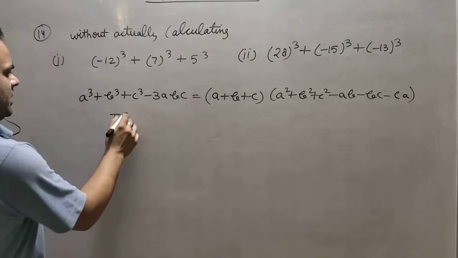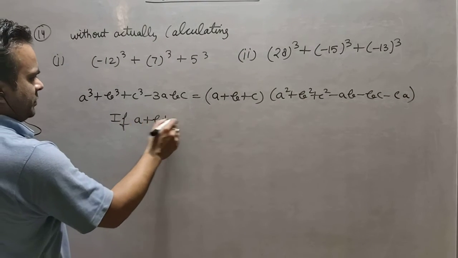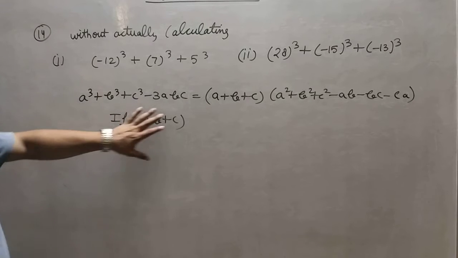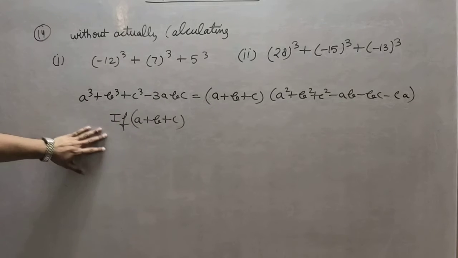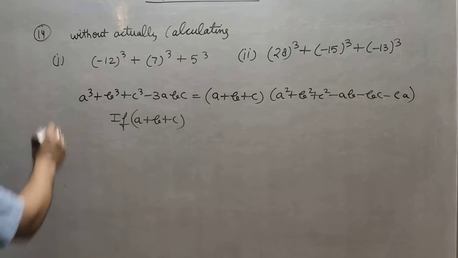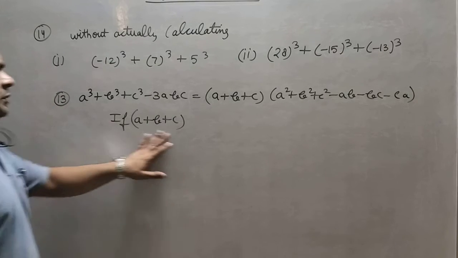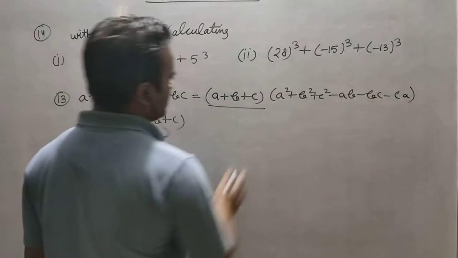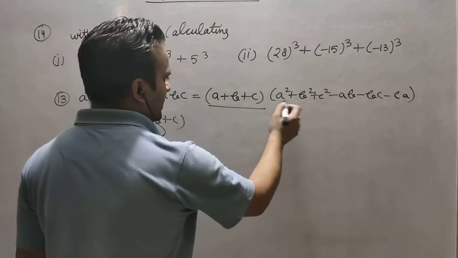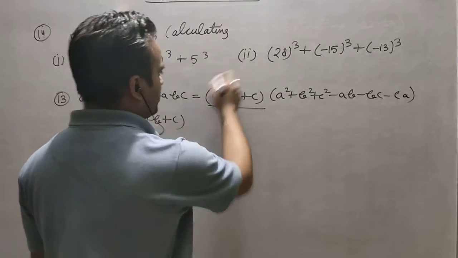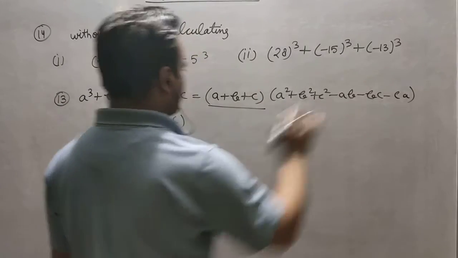Okay, if a plus b plus c is 0, it means this whole part is 0. Through this particular sum we are also doing the 13th part. If anything is multiplied with 0, then the whole will be 0, right?